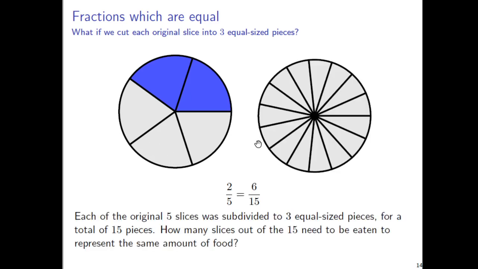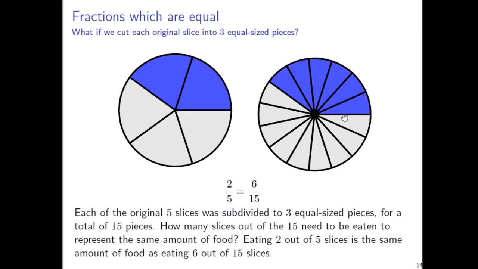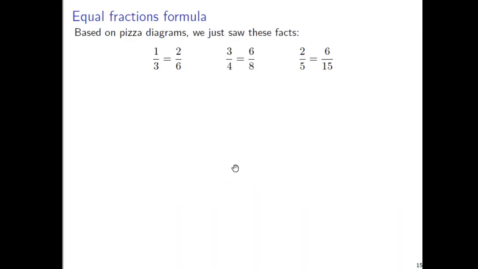In total, we should have 15 slices now. If you count around here, there should be 15. And the number of these that you need to eat will now need to be 6. And visually, you can see that eating 6 out of the 15 pieces ends up being the same amount of food as eating 2 slices out of a pizza that had 5 slices.